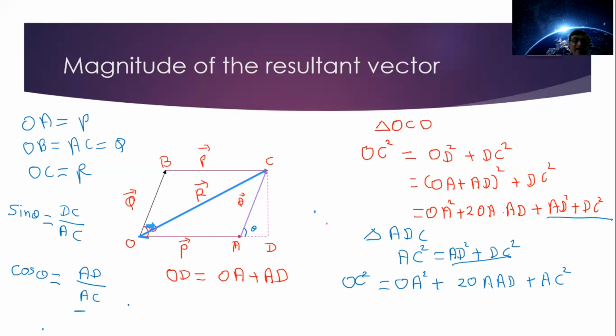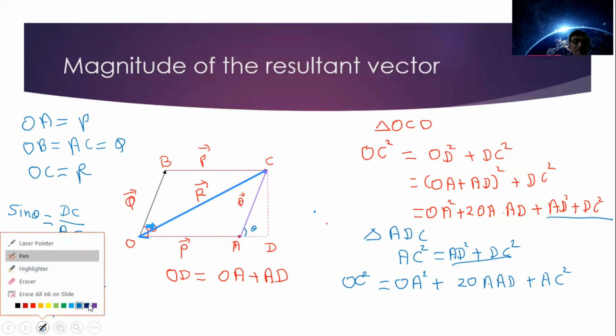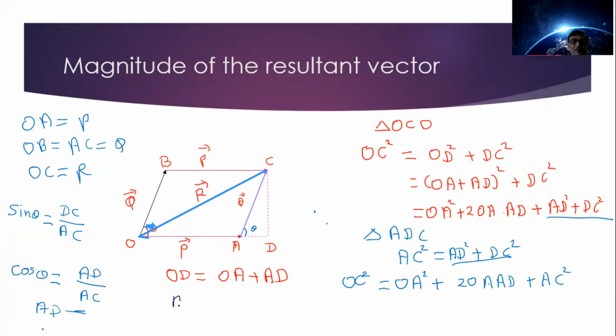Therefore, AD is equal to AC cos theta. But AC is equal to Q, and therefore AD is equal to Q cos theta.